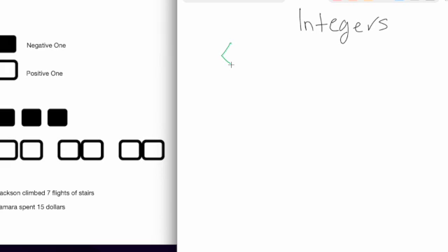And we compare integers using these 2 signs. Okay, so this first one here in green is known as our less than sign. And the one below in red is known as our greater than sign.